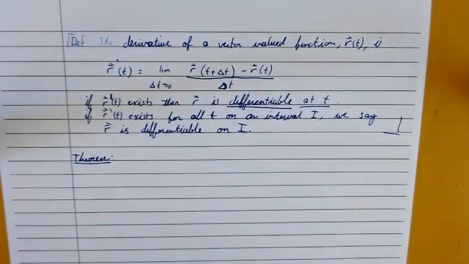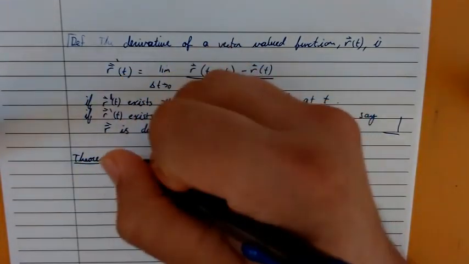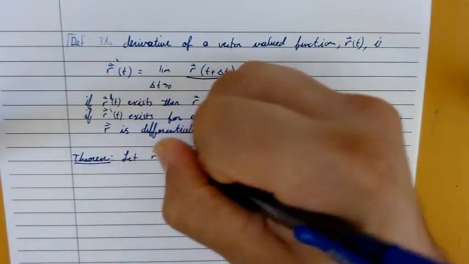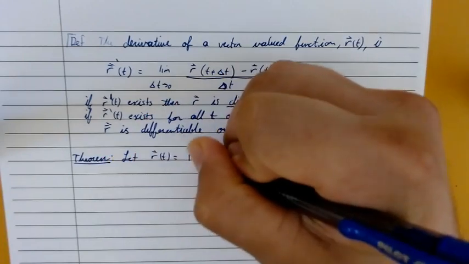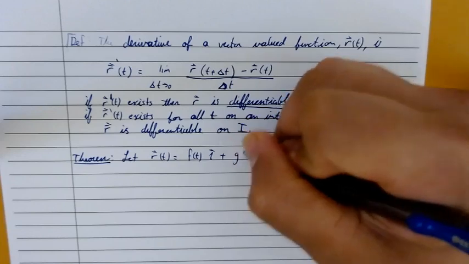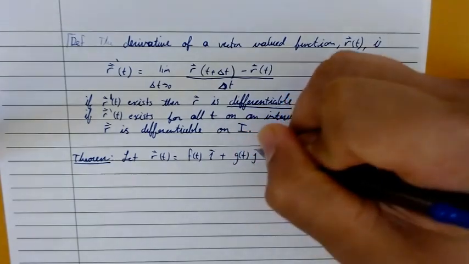Theorem. Let's begin with a vector-valued function. Let R of t equal, and we'll write this in component form, f of t i plus g of t j, like this.